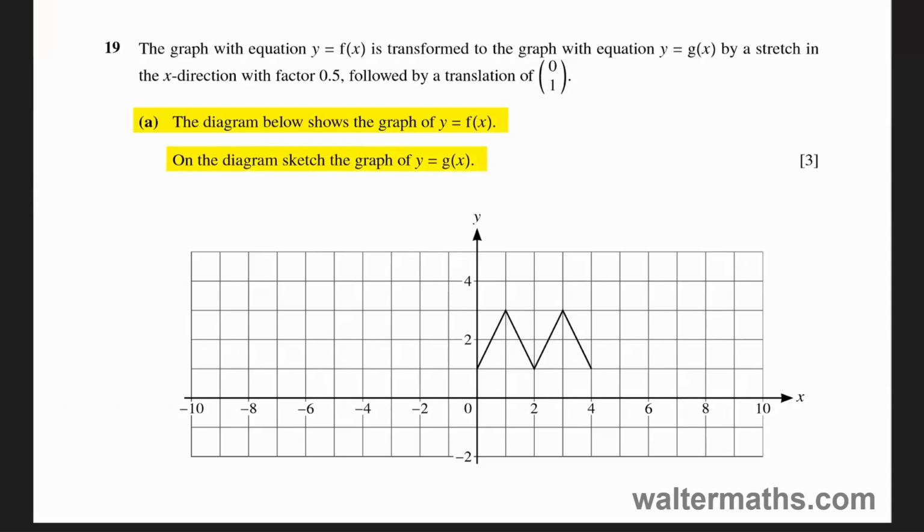Right, so we have two transformations. The first one is a stretch, all right, parallel to x-axis, and the factor, according to what's been given, is 0.5. So if the factor is 0.5, it means we're going to multiply the x-coordinates by 0.5, essentially by a half. Here, the x-coordinate is 0, so 0 times 0.5 is still 0.